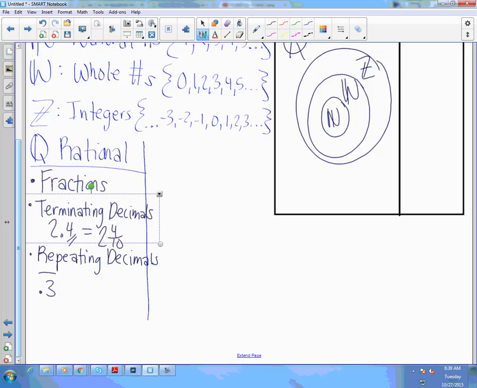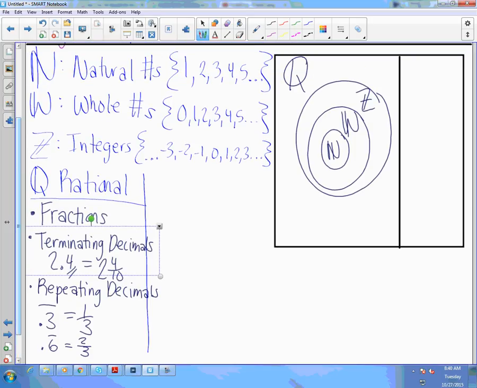Okay? 1/3. So we have another one that's pretty commonly used that can be a fraction. What is it? 0.6 repeating, which is what fraction? 2/3. Okay? 0.1 repeating is 1/9. 0.4 repeating is 4 ninths. Okay, so rational numbers encompass all of these circles and more, and include our decimals.